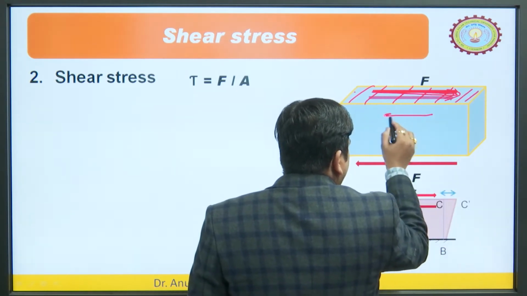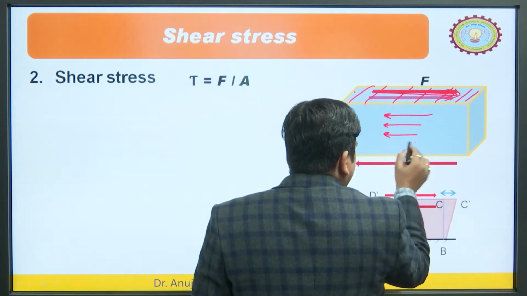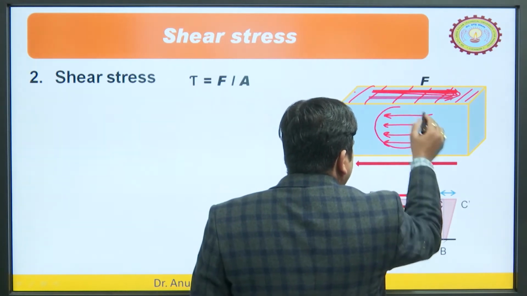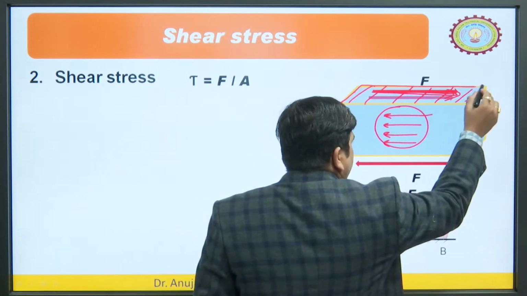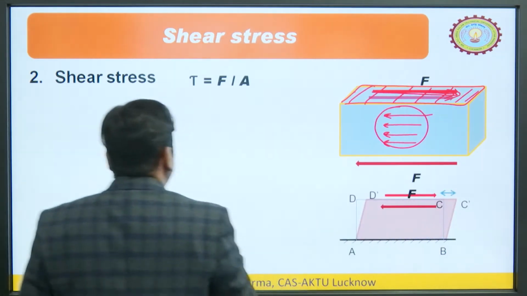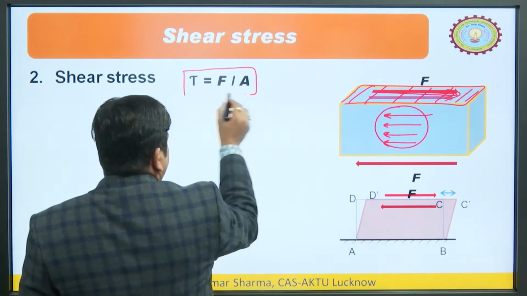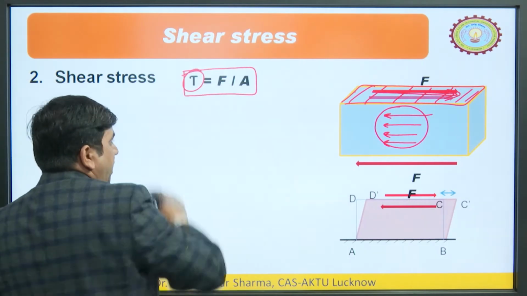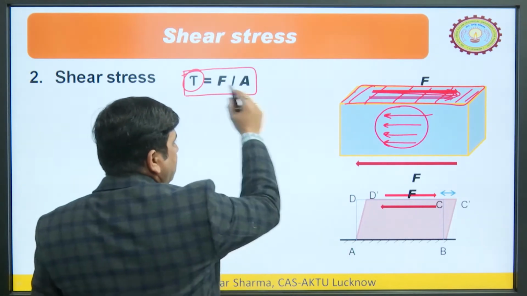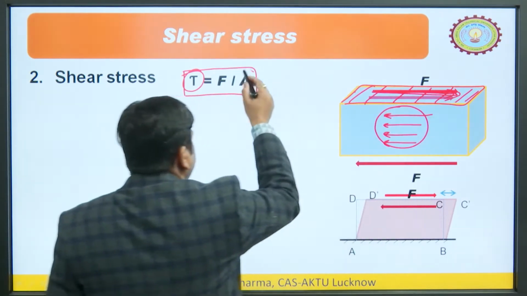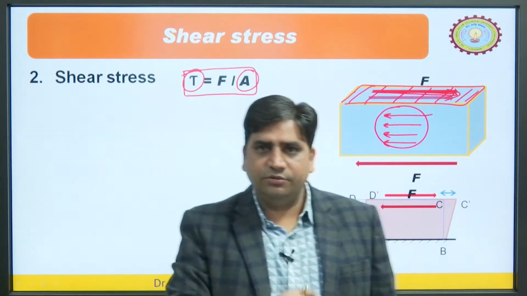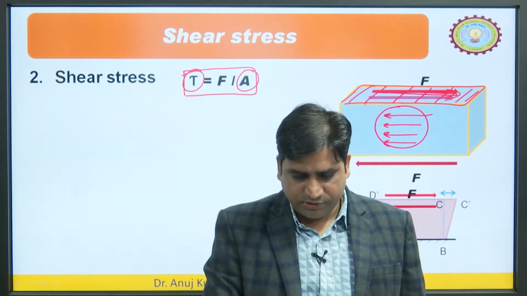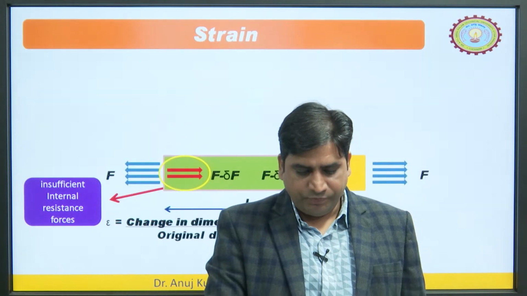So, the resistance is offered inside this object. This is the resisting force divided by the area. Which area? This is the tangential area. It is represented by tau, and this force is a parallel force, and this area is the plane on which the force is acting parallel to the surface. So, this is the shear stress.